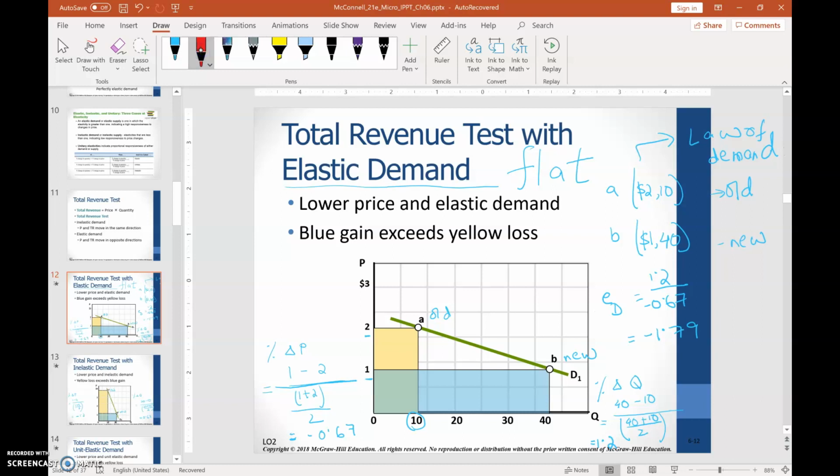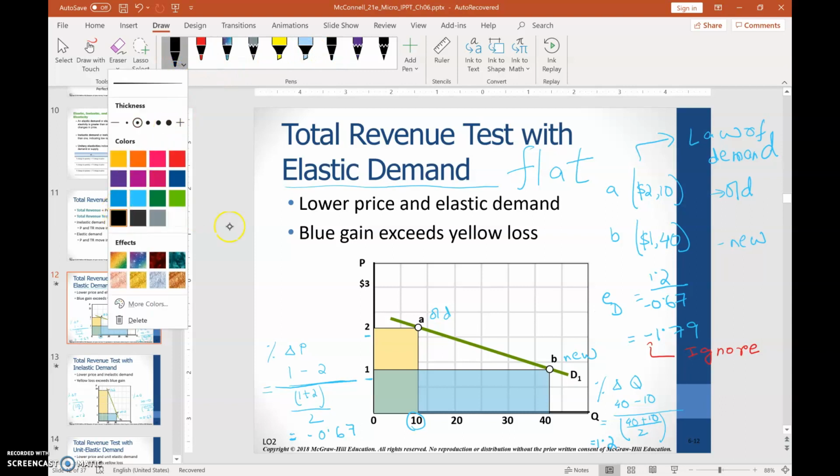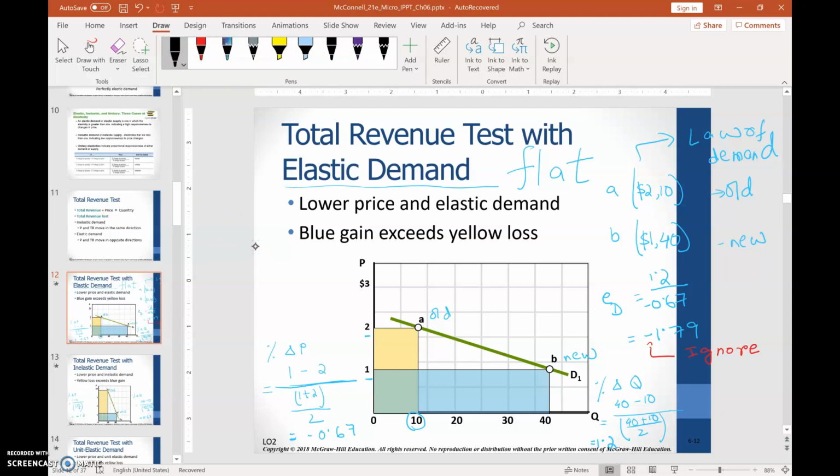Just something to remember here is we are going to ignore the negative sign for price elasticity of demand. What is really important here is the magnitude of this value, whether it is greater than 1, less than 1, or equal to 1. Because 1.79, ignoring the negative sign, is greater than 1, we have an elastic demand curve.